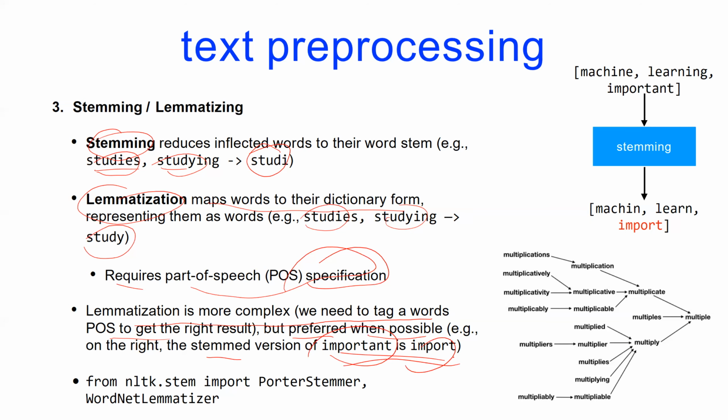As you can see from NLTK, we can import the stemmer and also the lemmatizer, and the part-of-speech specification is provided there. All right, any questions about the general procedure for processing text?